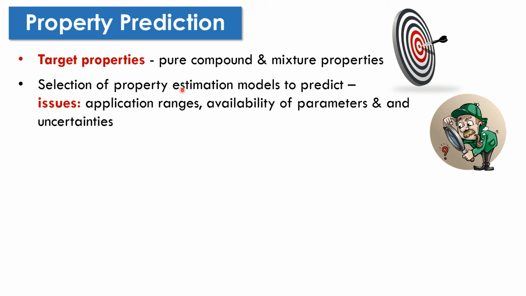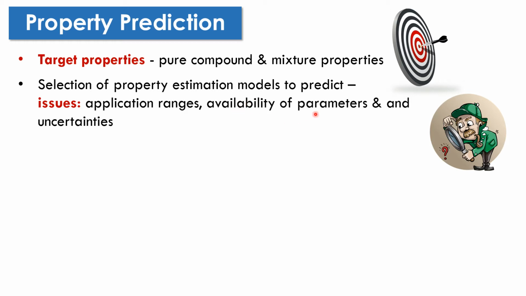When selecting property estimation models, these are some of the related issues. The first is the application range of the model, because certain models can only be used for a certain set or type of molecules. The second is availability of parameters.